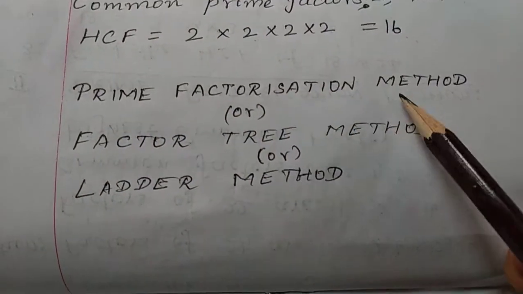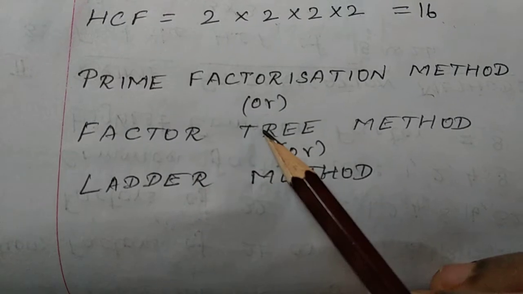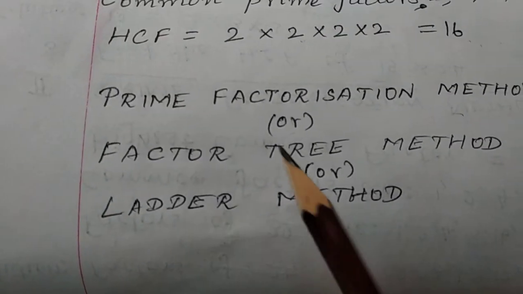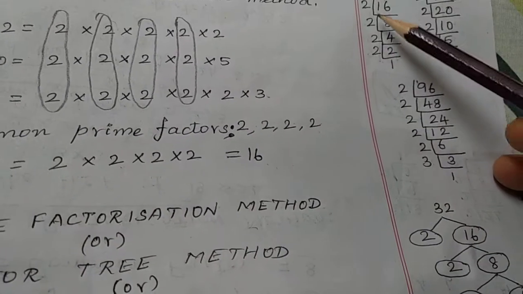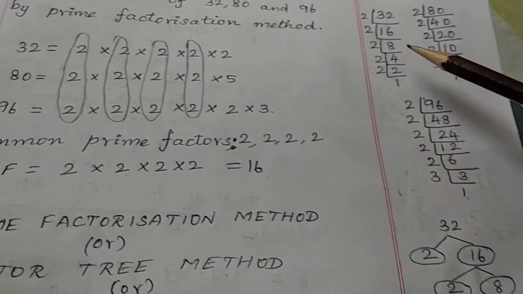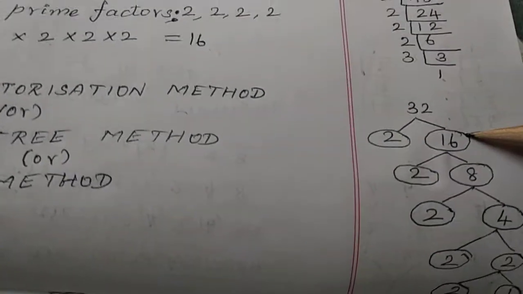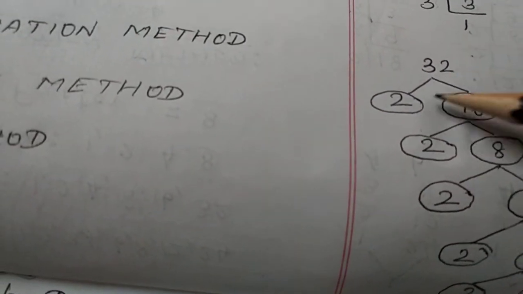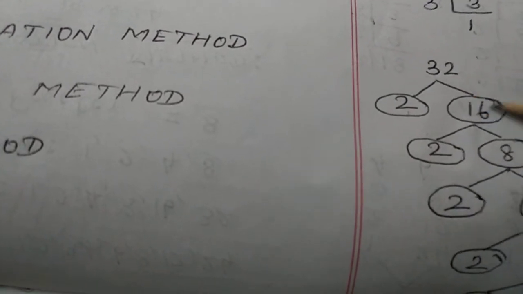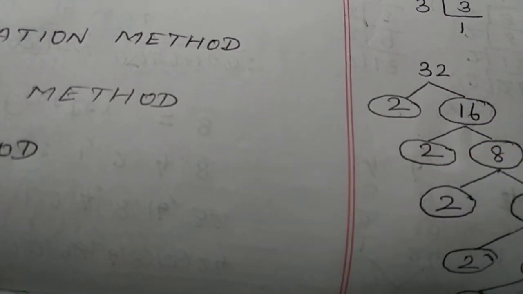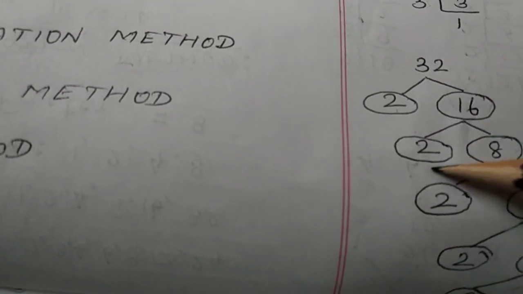Prime factorization method is also known as factor tree method or ladder method. Why do we call it factor tree method? This step can be done this way also. 32 by 2 gives you 16. 16 is an even number, so while dividing by 2 you get 8. 16 is equal to 2 into 8. So 2 is the divisor.